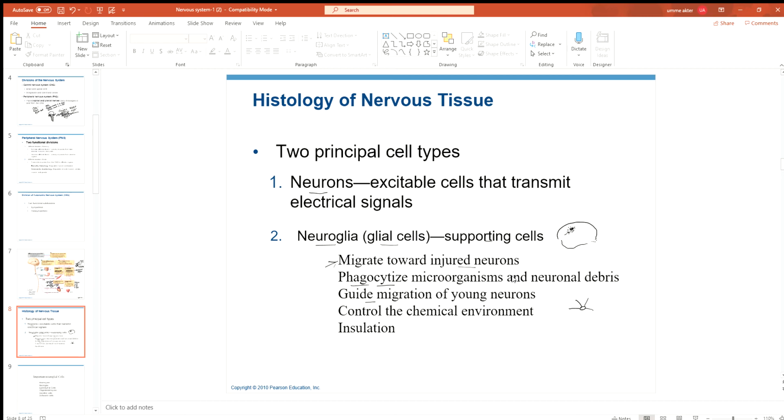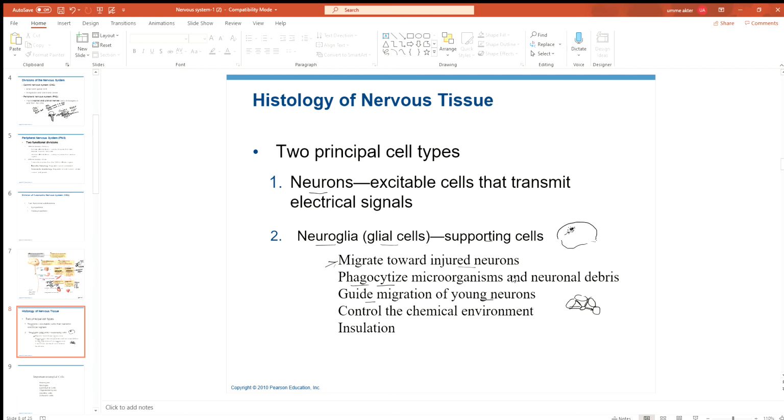So some neurons will migrate this way to form one structure of the brain, another group of neurons will migrate this way to form another structure. They move in different directions to form different structures.